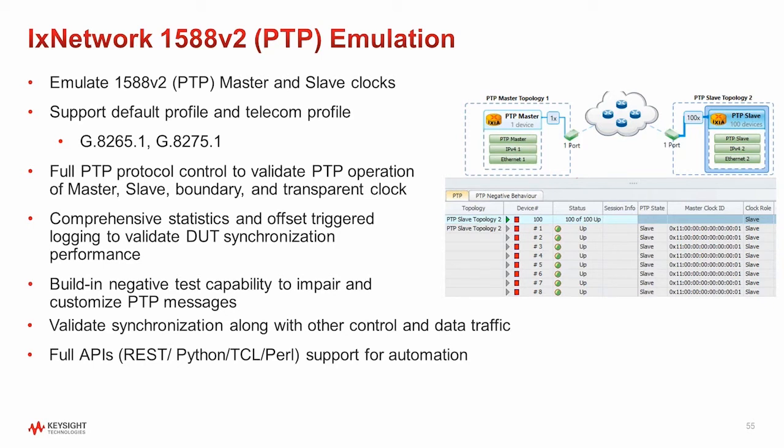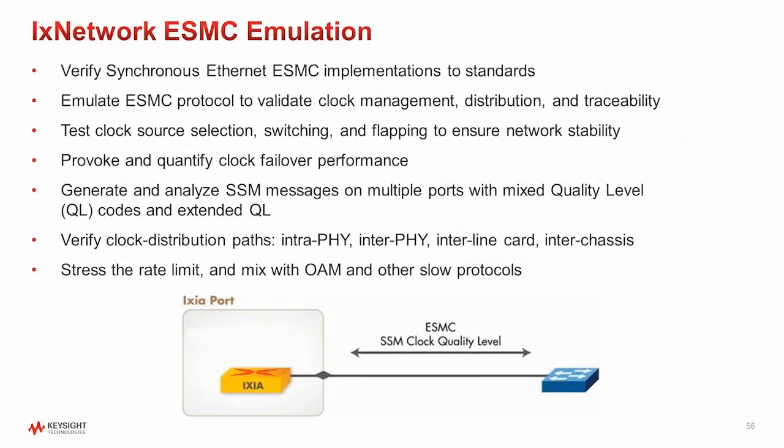It also supports a comprehensive PTP feature set such as multicast, unicast, mixed multicast and unicast, one-step, two-step, delay request-response, peer delay method, etc. More importantly, the telecom profiles are built into the IxNetwork PTP solution. On the other hand, it's also important to validate some of the components of SyncE, especially the ESMC protocol. The ESMC protocol is the one that helps in clock management, distribution, and traceability, and it's equally important to validate all those types of functions.